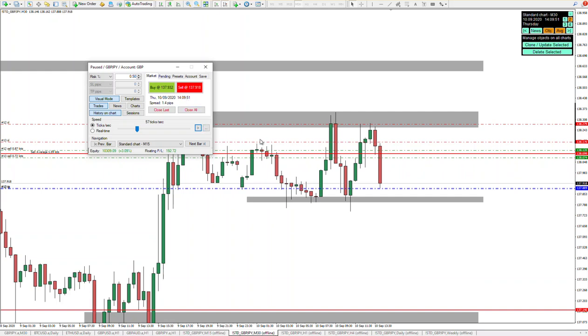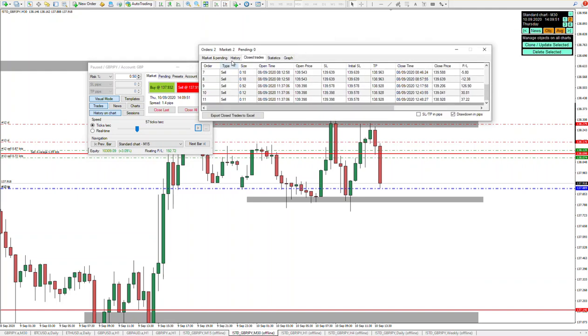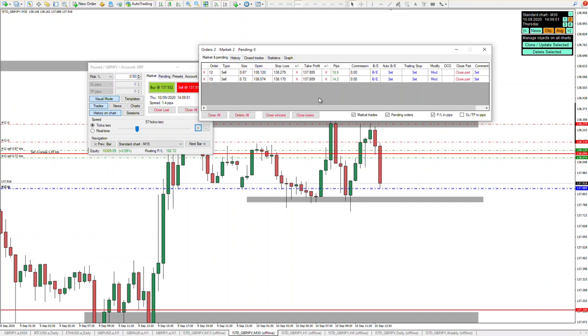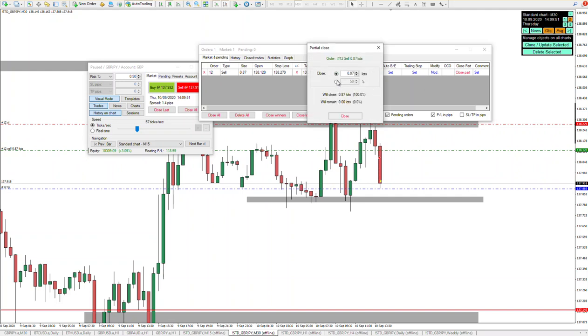Let me grab some profits here. Well, this is enough, isn't it? It's just enough. I close the second one completely, and I close 80% of the first one.